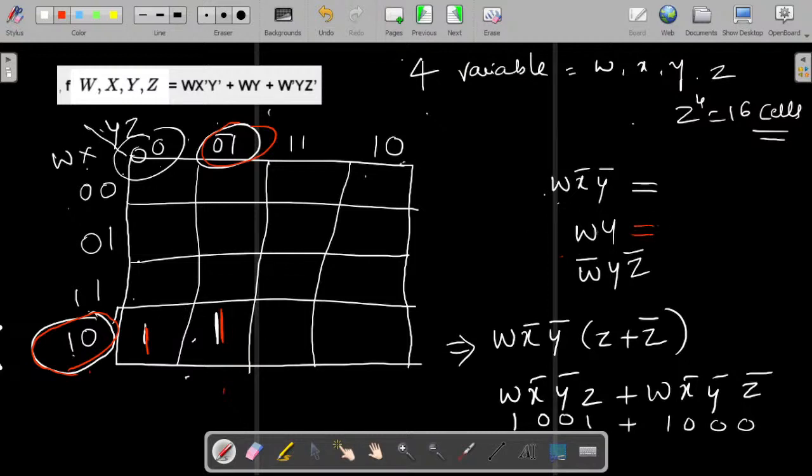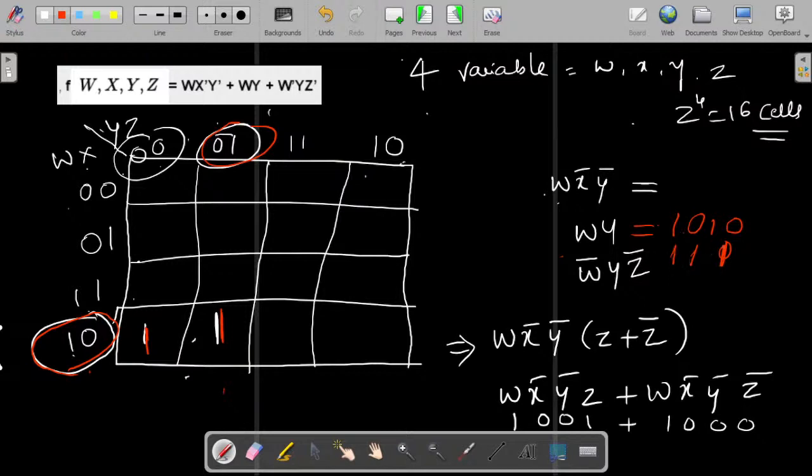Similar for this also, w y. So w y means here x and z are missing. What are the options? You will get four options here. w is 1, x we don't know, so we need to consider either 0 or 1. Then y is 1 and z we don't know, so it is 1 or 0.